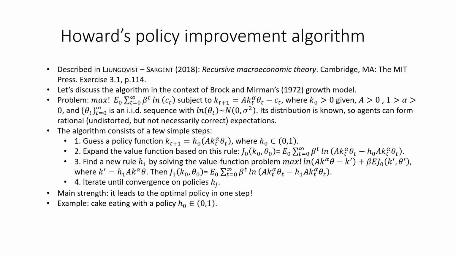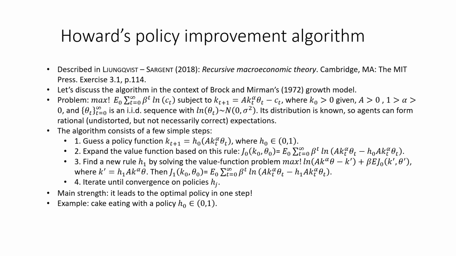So the only thing we need to realize is it is the same value function iteration process on the basis of policy functions. So we maximize this Bellman equation, and in the end we will have another policy rule H1, and we will repeat these steps until convergence applies with respect to the policies.